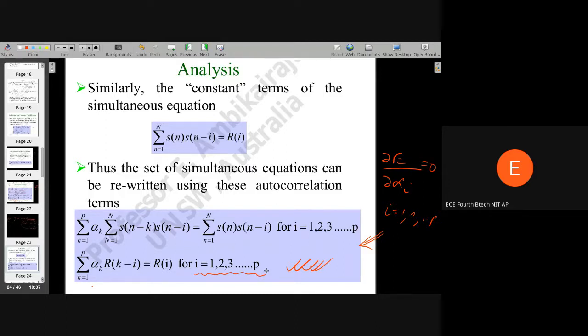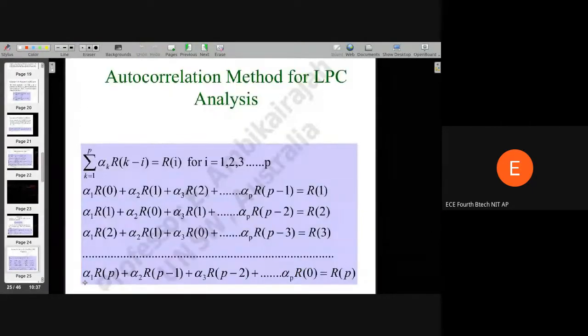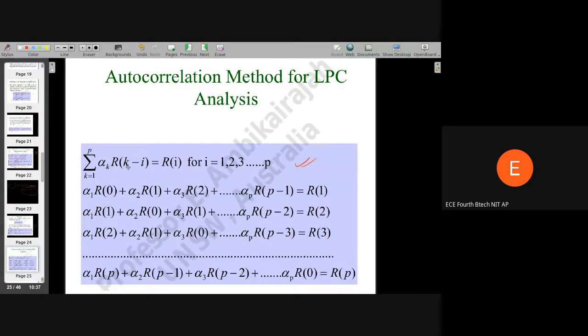So now let's do one thing. This equation we have got. Let's expand this equation, k equal to 1 to P. Let's take this for i equal to 1.